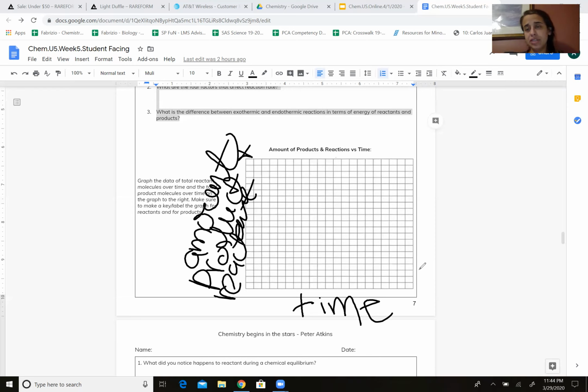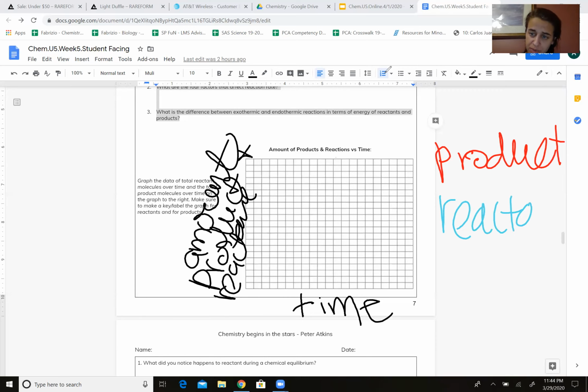Okay, we're not going to add numbers on the y-axis. So that says amount, product, and reactant. So the amount of product versus reactant that we have. So I'm going to do product in red and reactant in, let's do this blue. So remember, reactant is what we're starting with. We're reacting it together. And then product is what we're ending with.